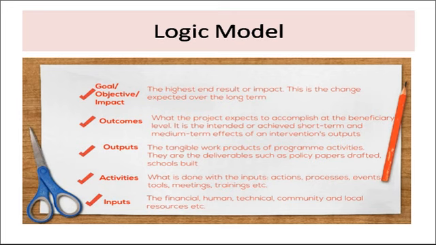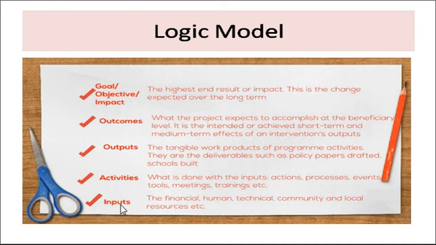Input might also be the training which is provided. So if a project is all about training people for better service delivery, then the training which is provided to people also becomes an input. So it is the different financial, human, technical, community and local resources which are invested.